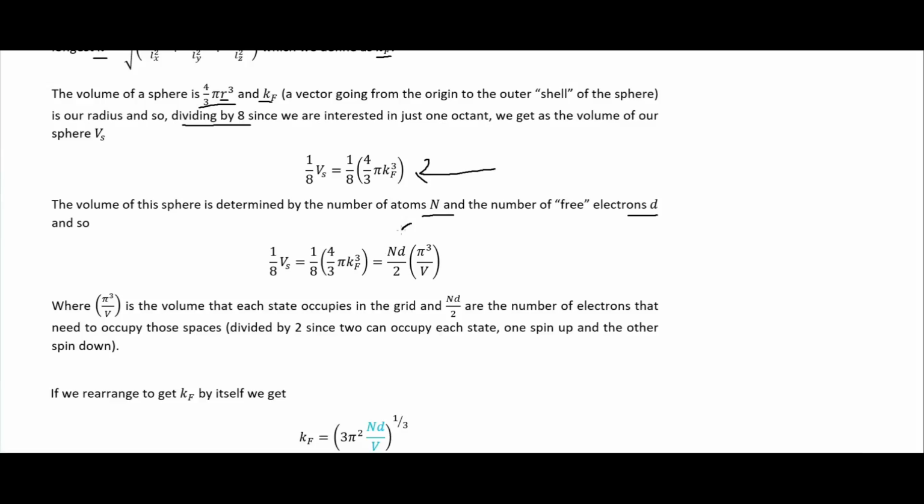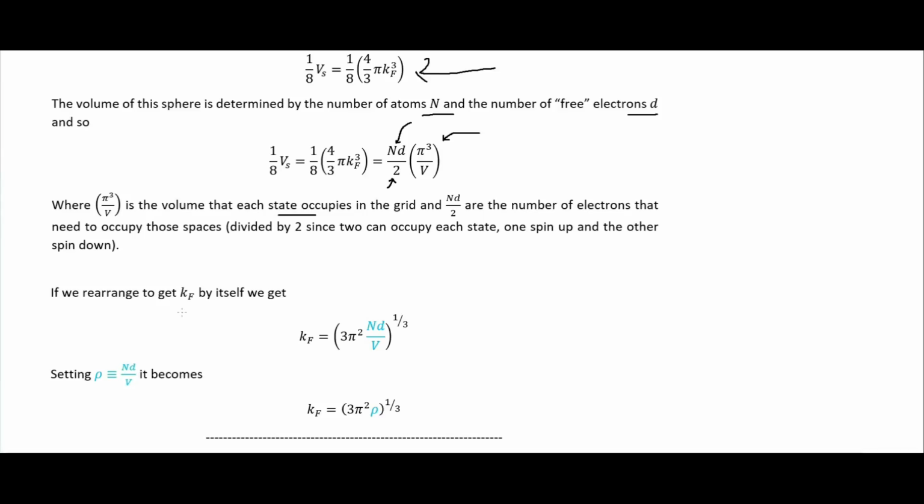So this is our number of electrons, d, times the number of atoms, d, and then we're dividing by 2 here, and then this is the volume of one of the spaces here. So this is the volume that each state occupies in the grid, and the nd over 2 is the number of electrons that need to occupy the spaces.